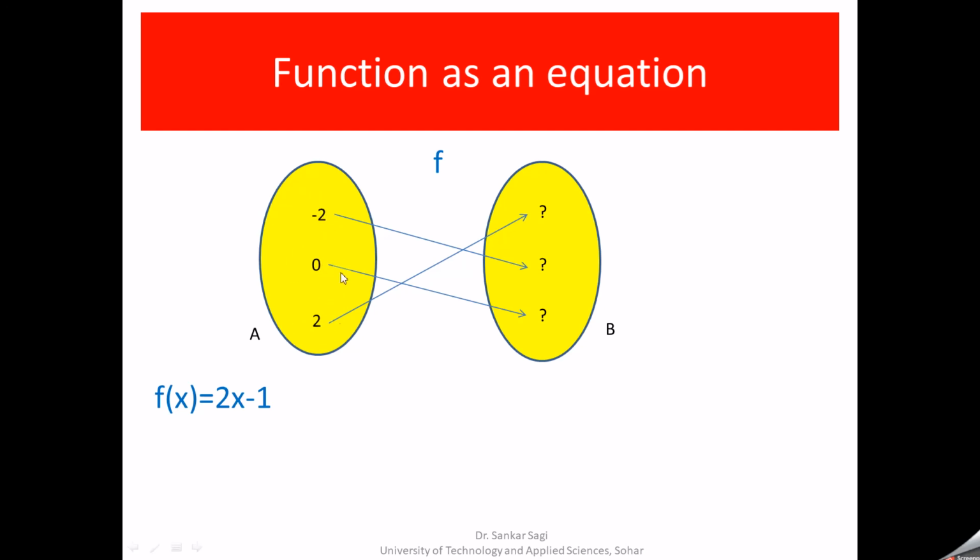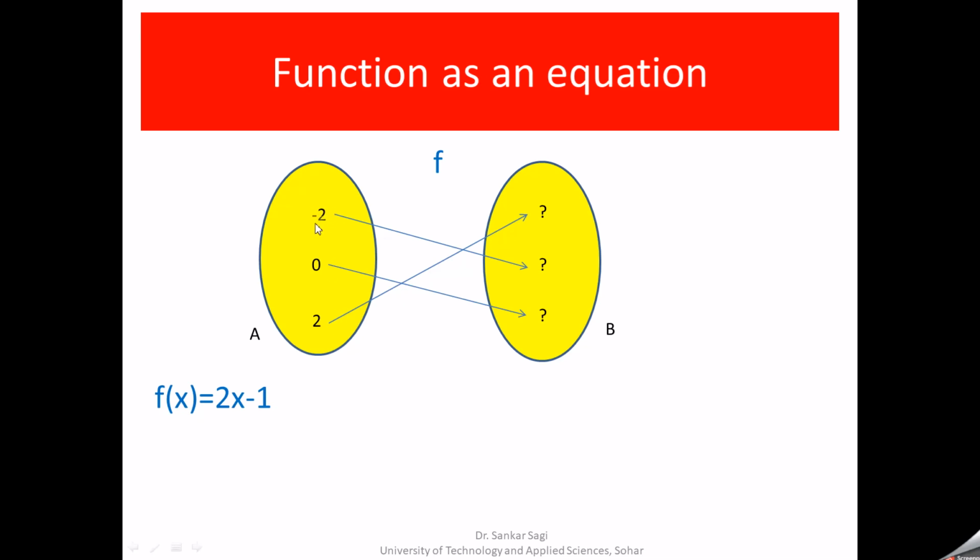So all these are represented by the independent variable x, and the values of the dependent variable, that is the range, are given by f of x. F of x is nothing but the image of x, and we have to find the images of these elements in the domain.